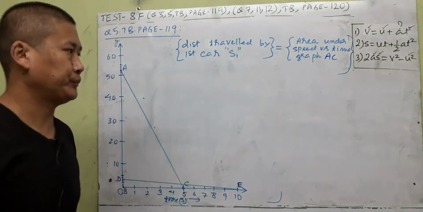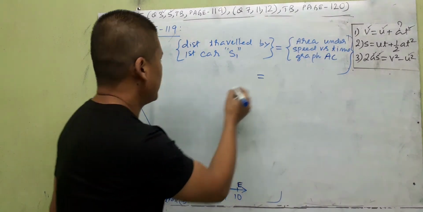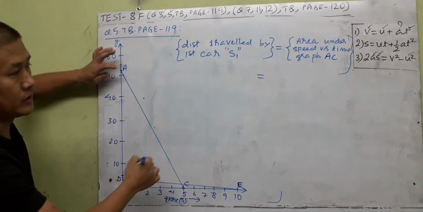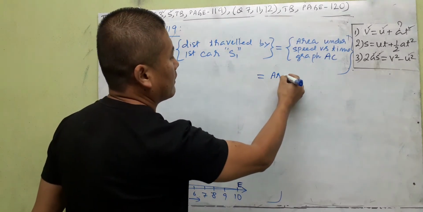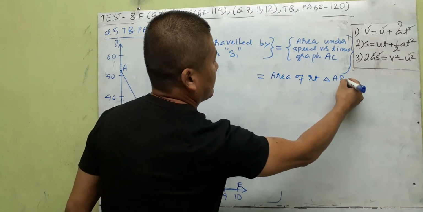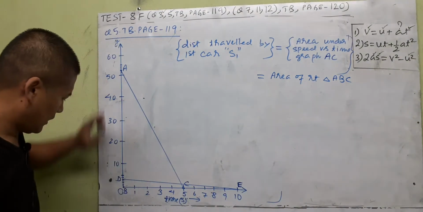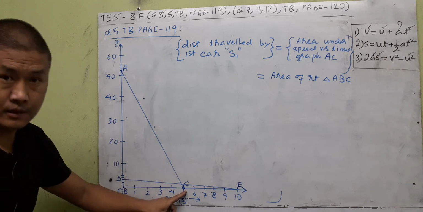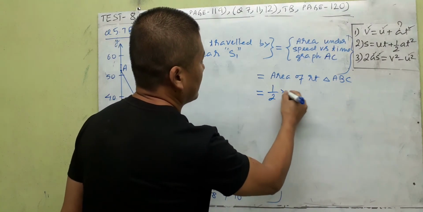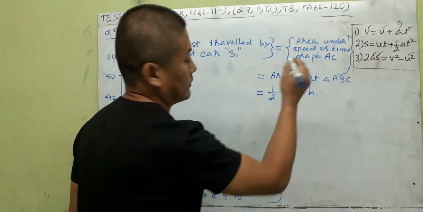Okay, now meaning this one here, under this curve means this portion, which is a triangle actually. So it will be area of right triangle ABC. See here, A, B and C. So we know area of a right triangle is half into base into height.